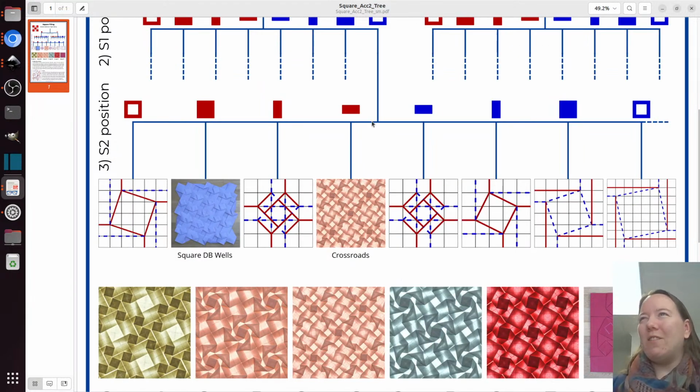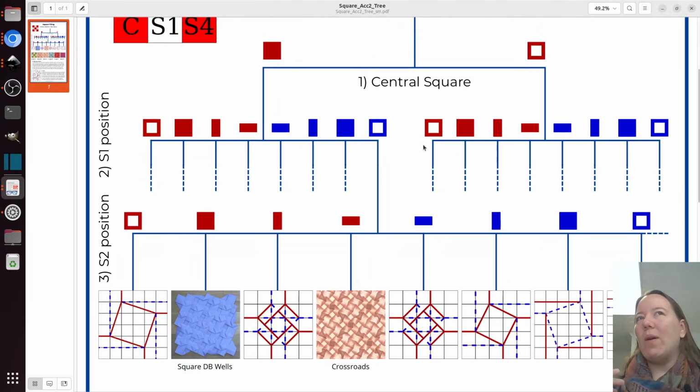But this is the structure, and this is how I know I'm never going to run out of origami tessellation designs, because there's no end to the number of symmetry extensions. There's no end. Like I could go through and work on this for a solid year. This is one symmetry extension in one tiling.